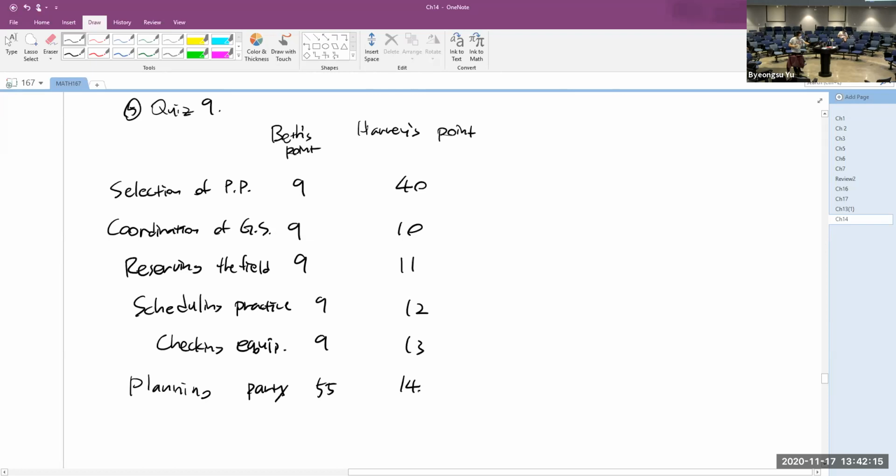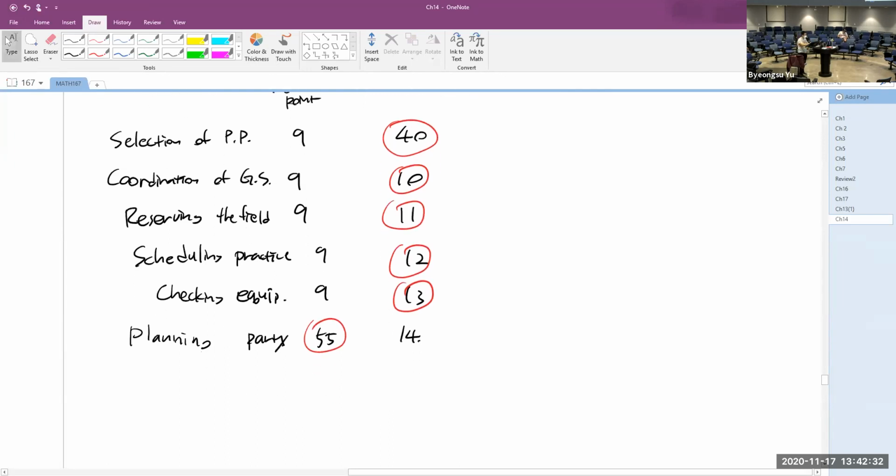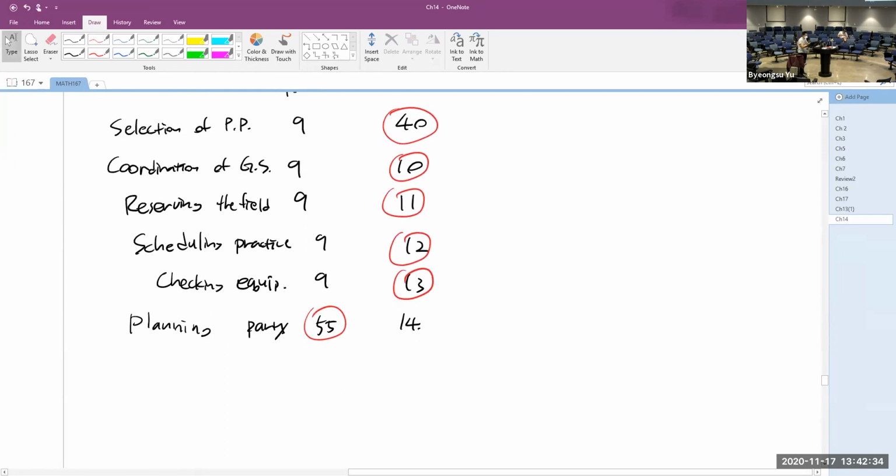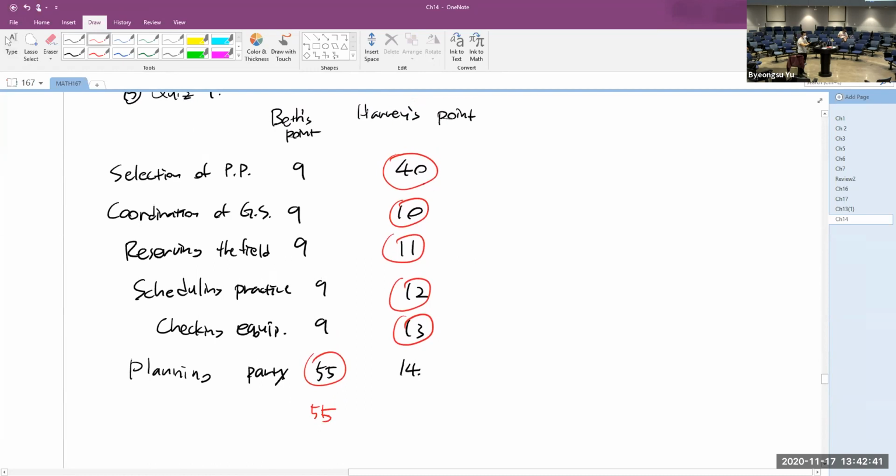So here, if you just use your winning adjustment process, then Harvey wins on selection, coordination, reserving, scheduling, and checking, but Beth wins on the party with 55, right? Beth's points are 55, but Harvey's points, if you add all the things, come to 86.